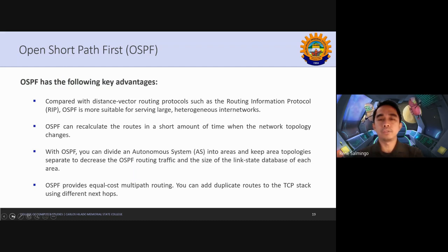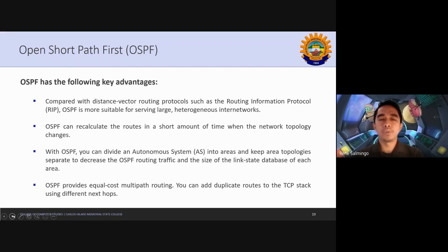When you say heterogeneous, it means diverse, so it is not only a specific department where you implement this, and you could also apply it to others. It's easy for network migration. OSPF can also recalculate the routes in a short amount of time when the network topology changes.